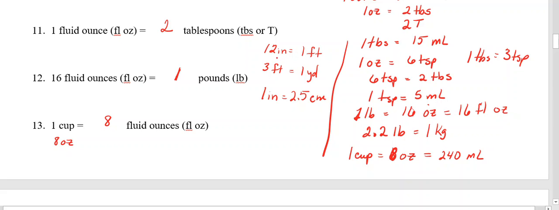What you have to remember is an inch is bigger than a centimeter, so the centimeter is going to have the 2.5 with it. A lot of people get that backwards. So 12 inches is a foot, 3 feet is a yard, 1 inch is 2.5 centimeters.